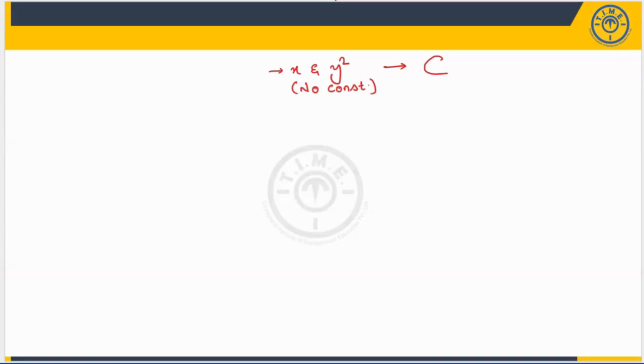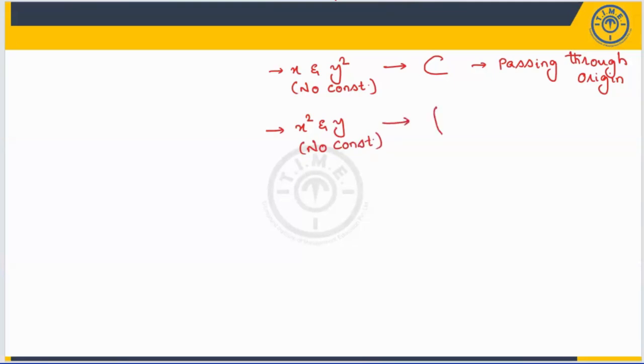So if I'm having x and y square and there is no constant, then it is a C-shaped parabola and it will pass through origin. And in the same way, if I'm having x square and y and no constant, then what type of parabola is it?